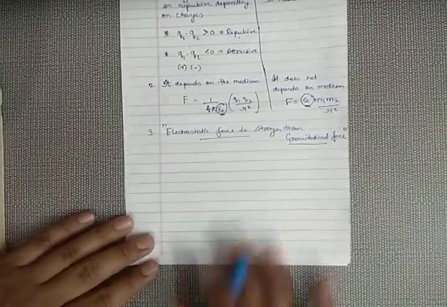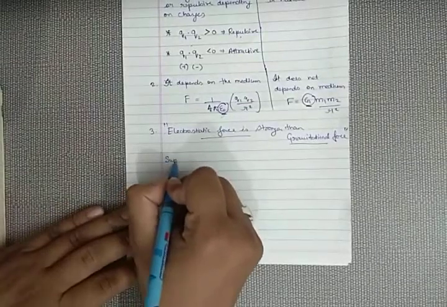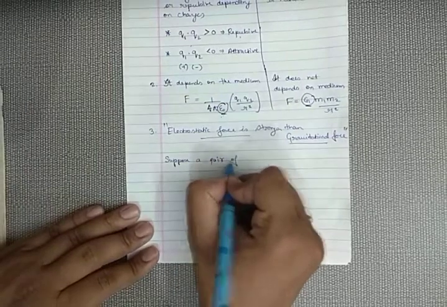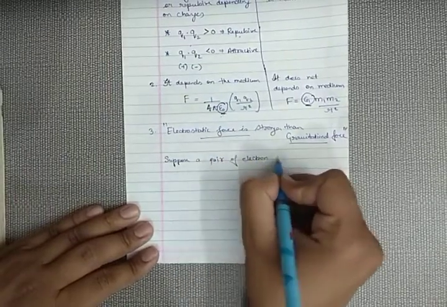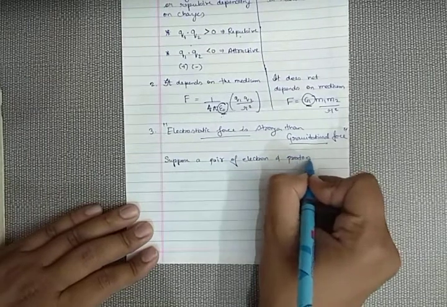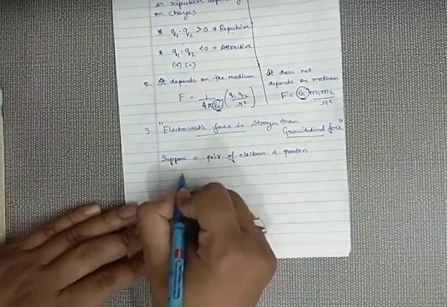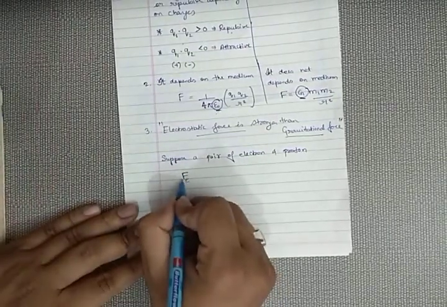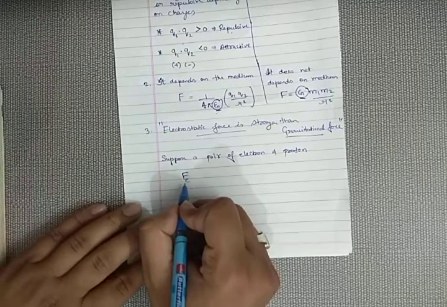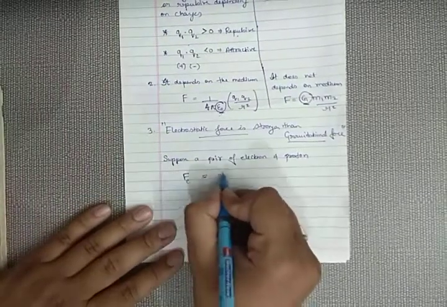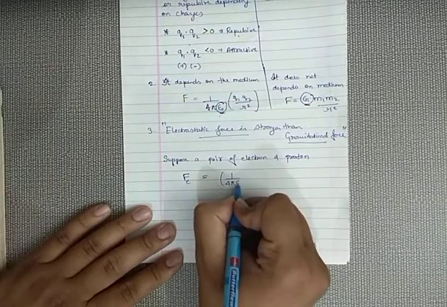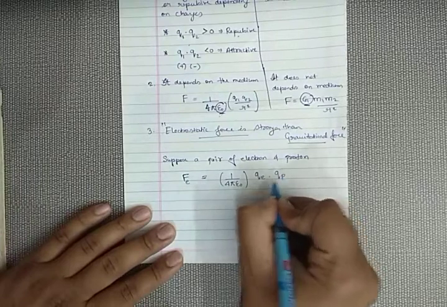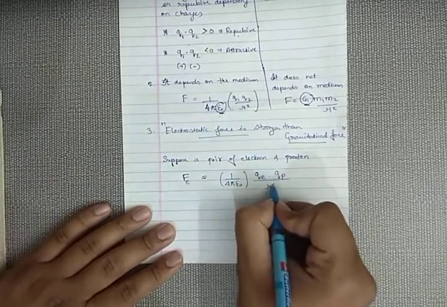See, suppose a pair of electron and proton. Now what will be the electrostatic force between them? Electrostatic force we write as Fe, that is 1 upon 4 pi epsilon naught, charge on electron into charge on proton upon r square.